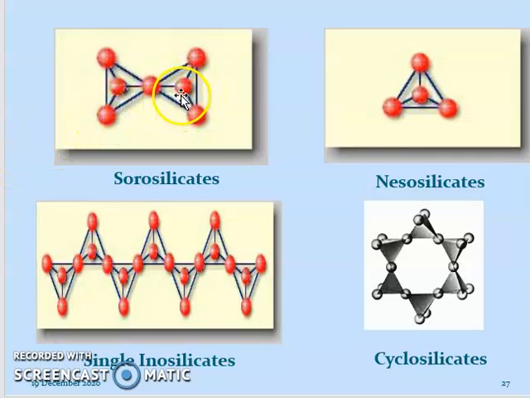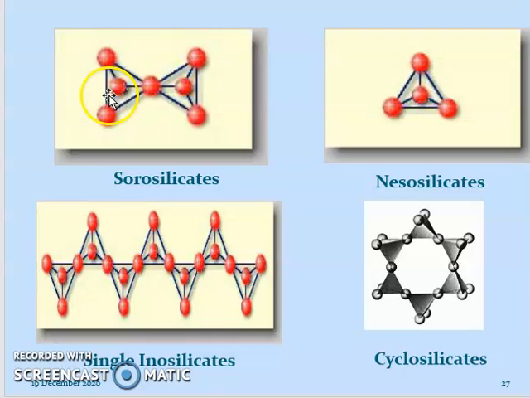If you would like to write the chemical composition of this tetrahedra, here it's easy. Here there is 1 silicon and 4 oxygens, and its chemical composition should be SiO4 with a 4 negative charge. Here you will find 2 spaces occupied by silicon, here 1 and here another one.